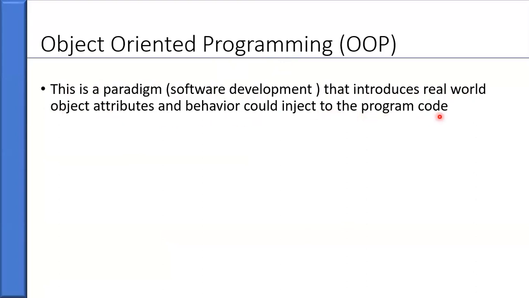Now, sometimes you haven't done any code forever, sometimes you have done some small piece of code, or sometimes you have developed code well, whatever level you are at. Under this software development paradigm, object-oriented programming is focused on real-world objects.